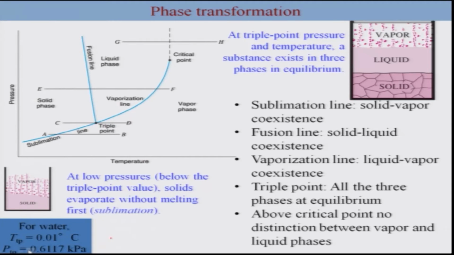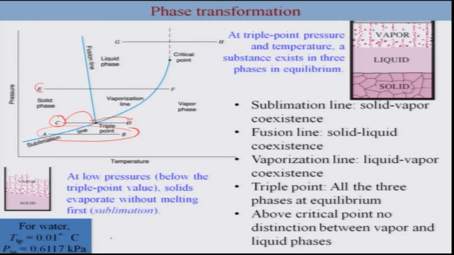Now, here is an example where you kept the pressure constant. So, this is where you change from A to B, that means from solid to liquid. In the case of transition from C to D, you undergo transition from solid, then pass through the triple point, which means you have solid, liquid and vapor, and then finally to the vapor phase.